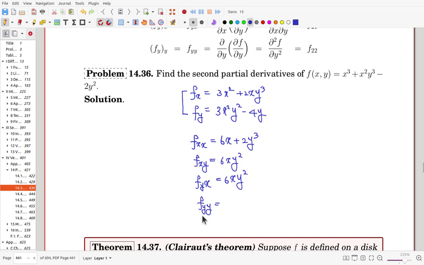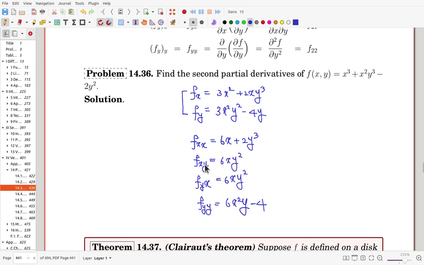For that one, we take one more time the y-directional derivative, which becomes here 6x squared y. And we have one more term here, minus 4. So we got every second partial derivative.